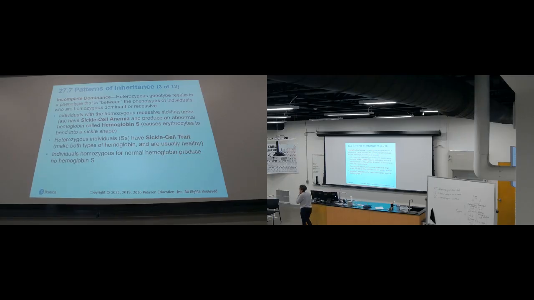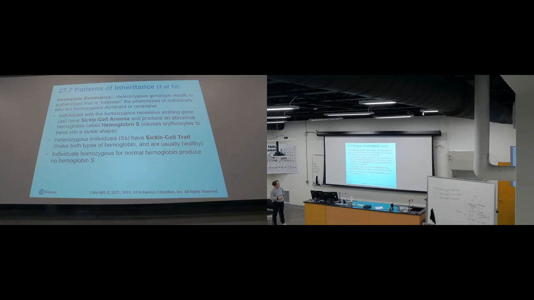So, for instance, we have sickle cell anemia, in which you have this homozygous recessive, and you produce a type of hemoglobin that is called hemoglobin S that makes the erythrocytes, instead of being circular, to be like a sickle, these instruments to cut wheat.